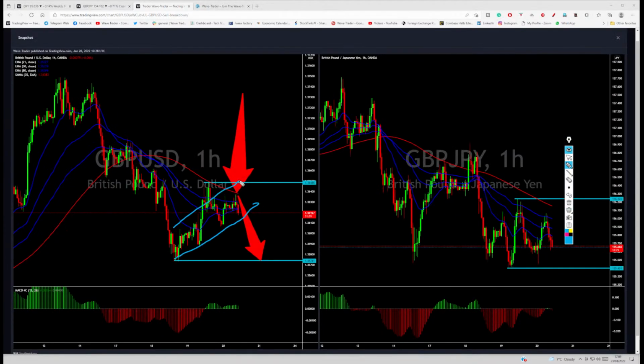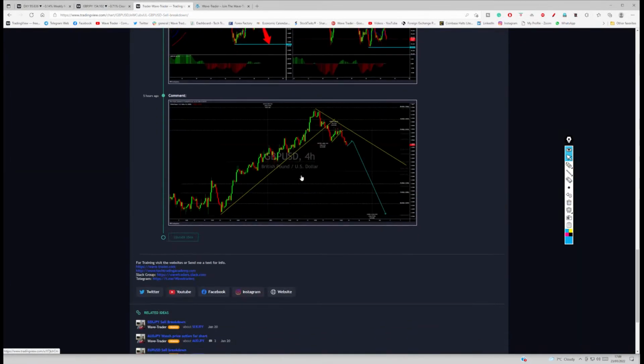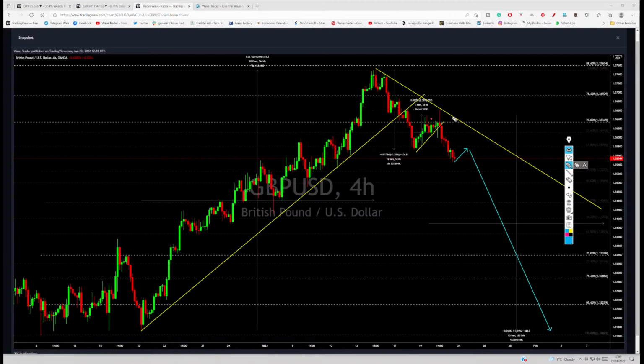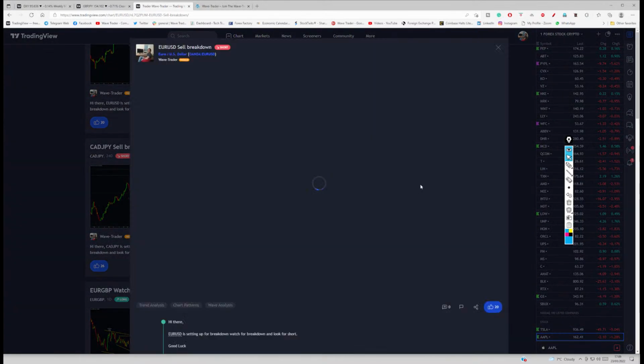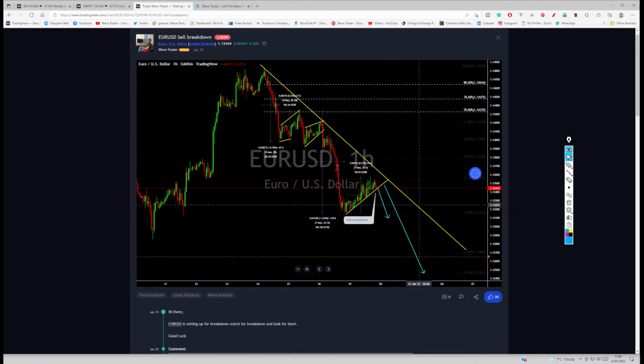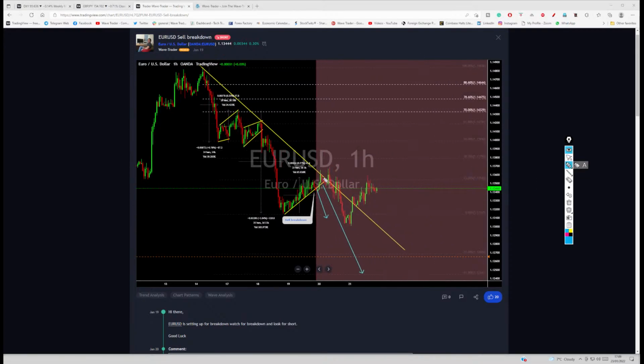The flag broke out, this previous flag. So we are within that next impulsive wave right now, and it's also going down. Euro dollar was also a short-term short opportunity on the breakout of that flag.